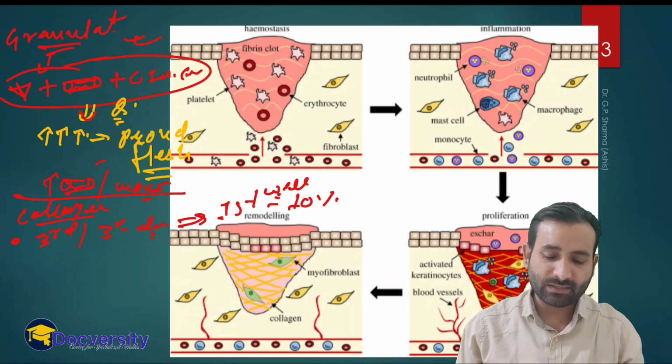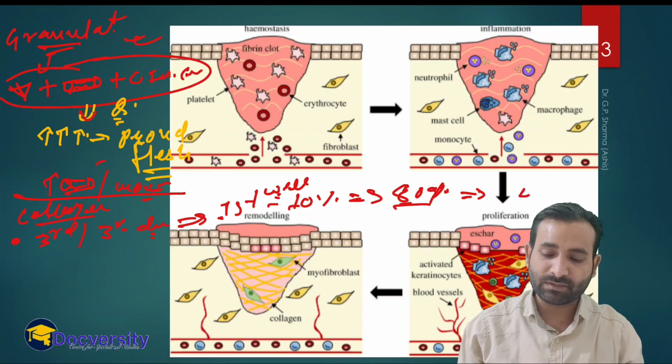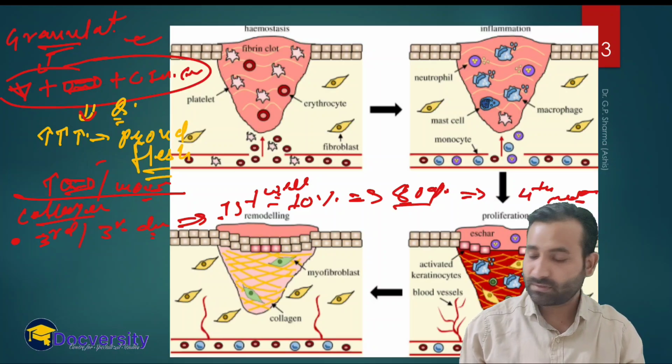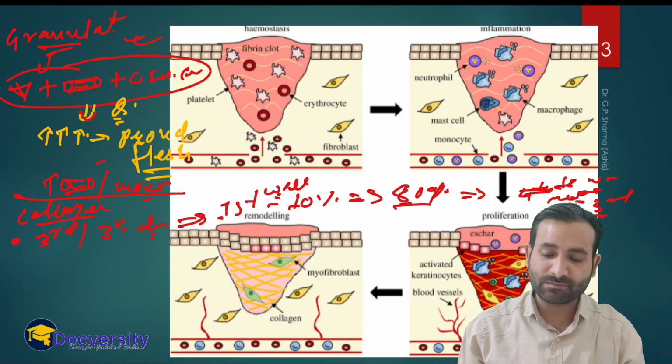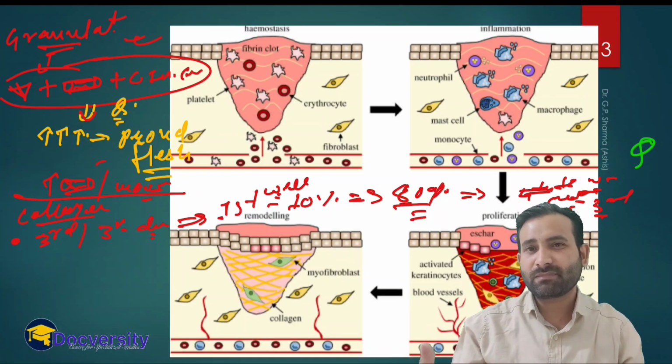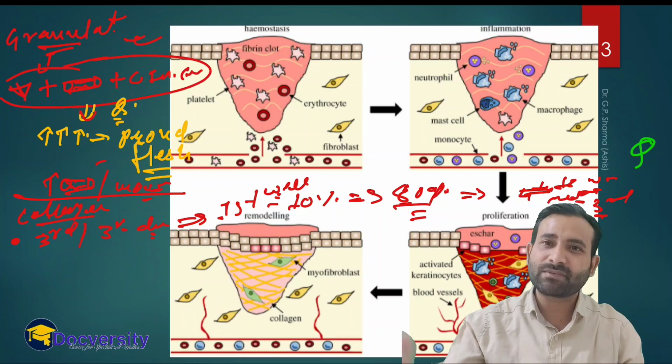The tensile strength becomes about 80% at about the fourth month, or I think the 12th week, which is the third month. So it becomes maximum 80% at about the 12th week. Remember, this is also a question in the exam. The 12th week means the completion of the third month and the beginning of the fourth month.